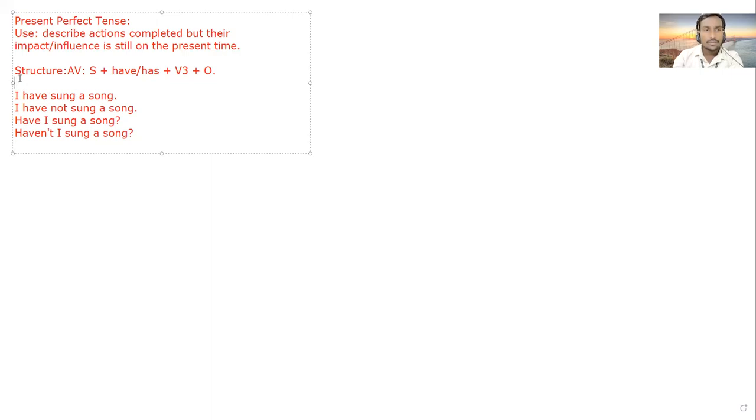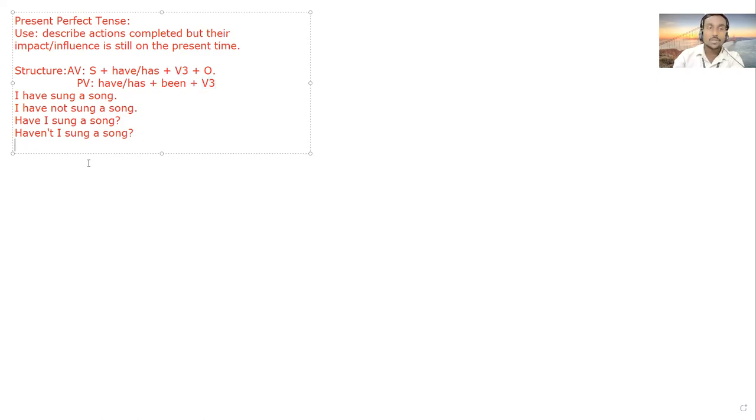Now we have to think of the passive structure also. So in passive voice, what is going to become here? There is going to be have or has after the object. After have and has, what should be there? Been. Then the main verb in V3, the same V3 form from active, you are going to use here also.